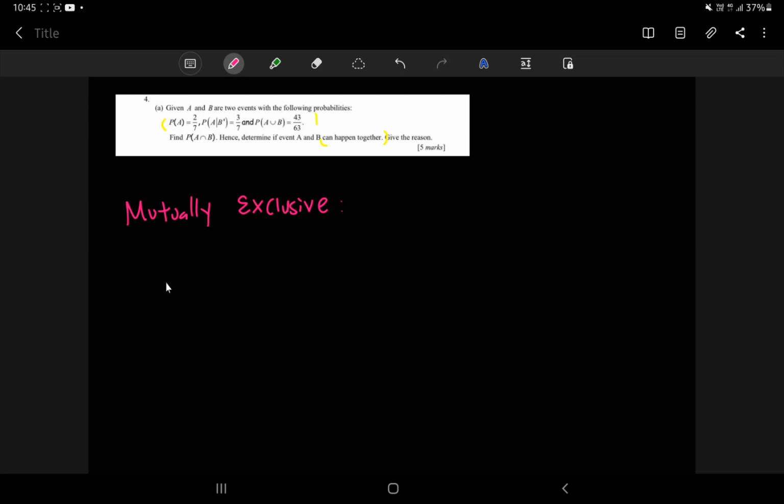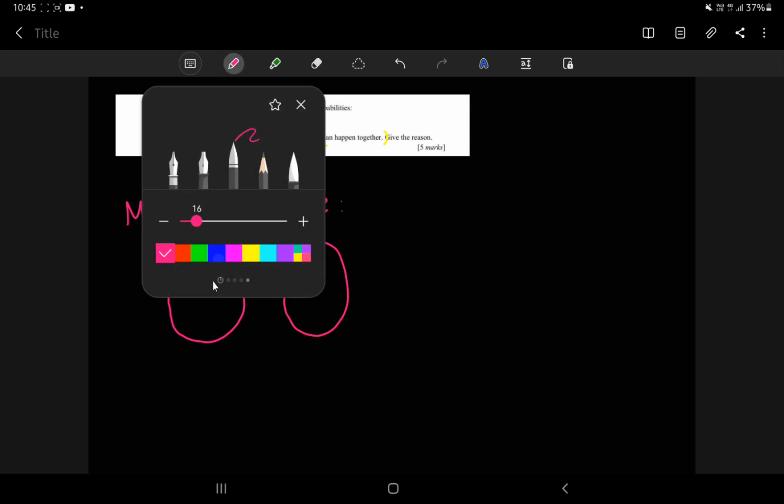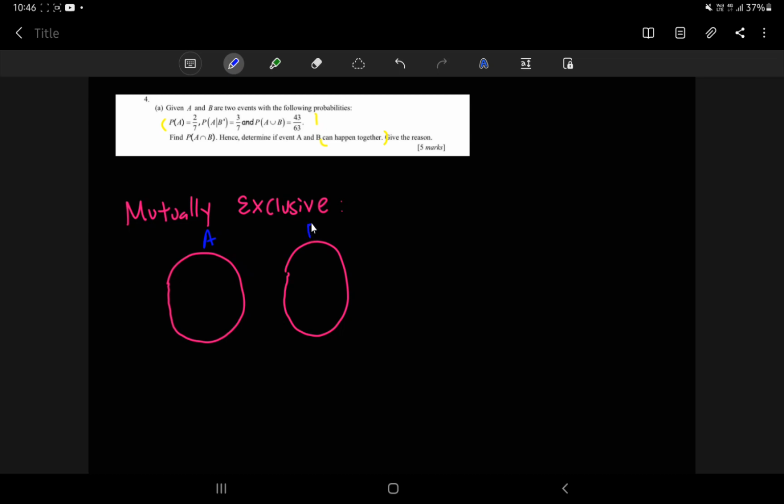For example, this is set A and this is set B. If set A happens, then set B will never happen. So they have no intersection, which means that the probability of A intersection B is 0.